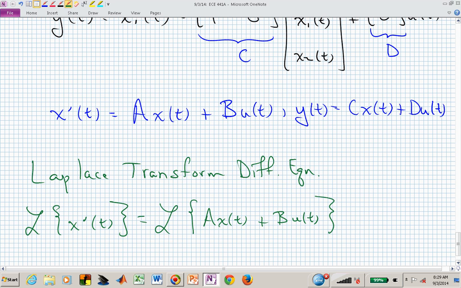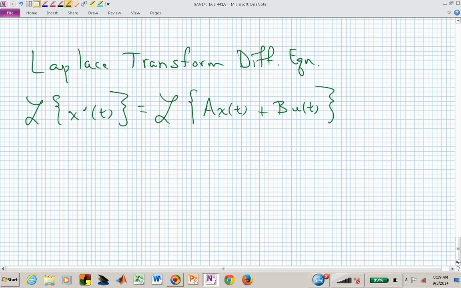In this case, we remember that this is a vector, so when we're Laplace transforming that, we now have s, and we signify that we're in the frequency domain by making that capital, but now that capital X of s is a capital X sub 1 of s, capital X sub 2 of s, capital X sub 3 of s, depending on how many rows we have in our state vector.